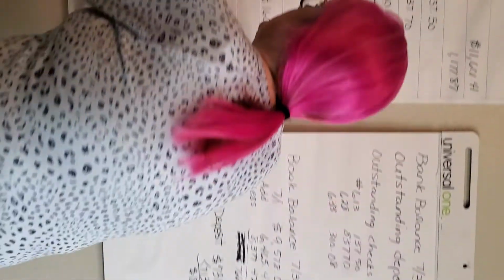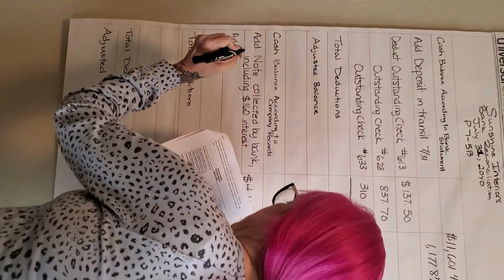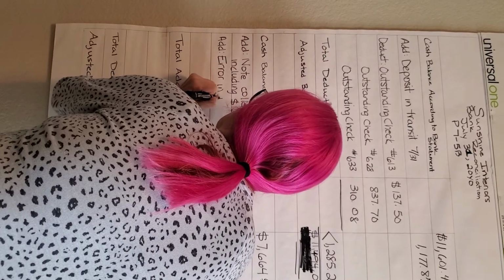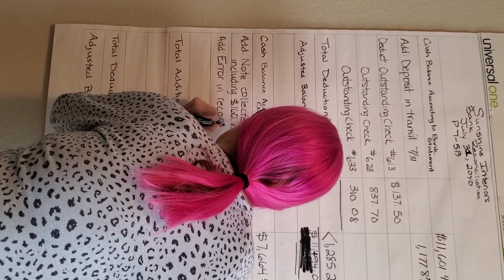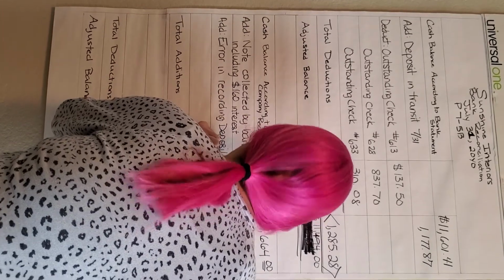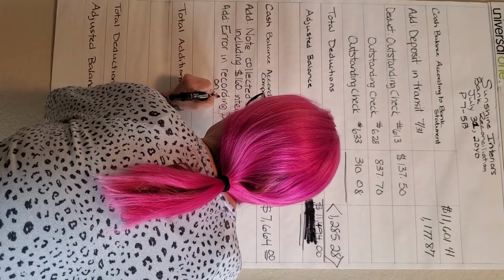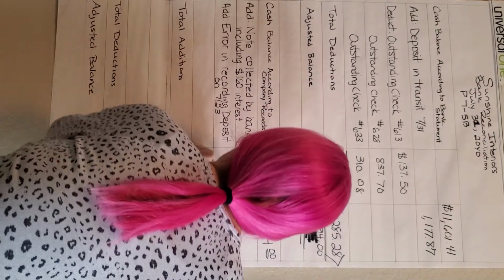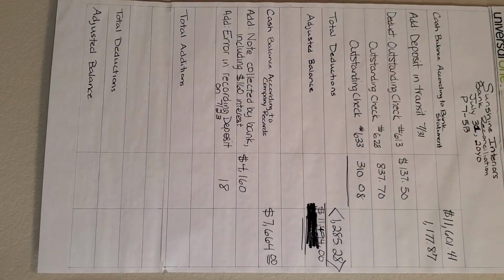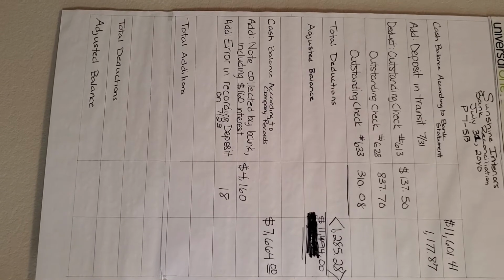So you're going to see me go add error in recording our deposits on 7/23. So I'm going to add that in, that $18 deposit. If I had made the deposit too little, then I would have had to subtract that out.